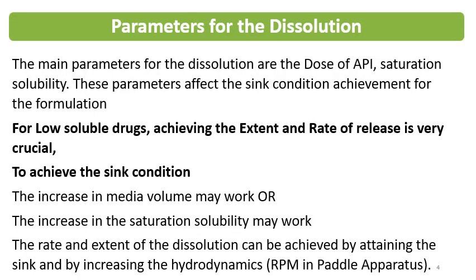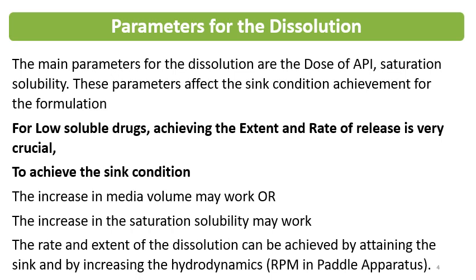Then the parameters which affect the dissolution are the dose of API, the saturation solubility of the API, and the parameters of the dissolution testing, like RPM of the apparatus, such as the basket apparatus or paddle apparatus. These parameters affect the sink condition achievement for the formulation.